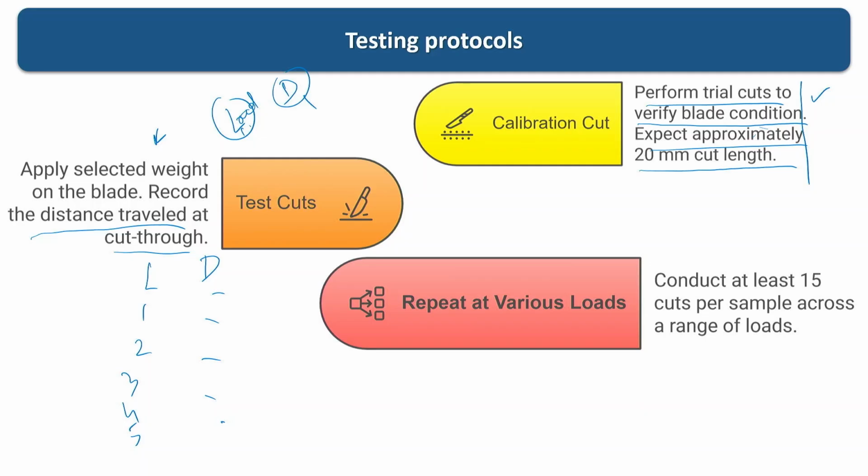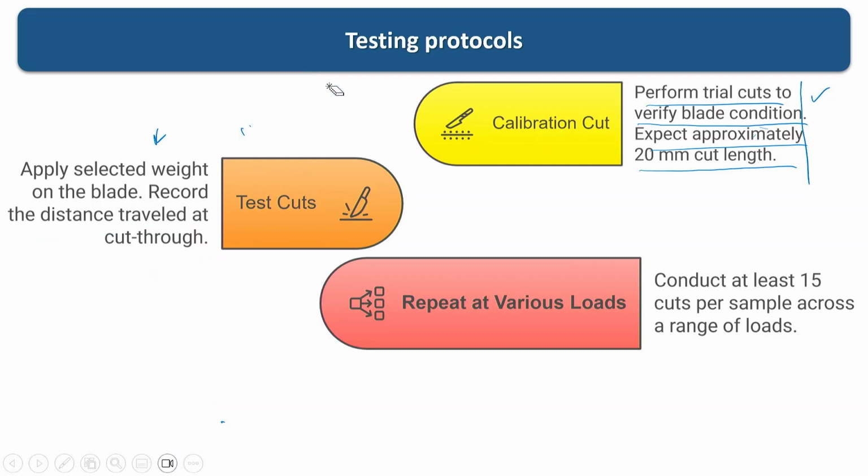Here the standard is that at least 15 cuts per sample across the loads are required. So, we need at least 15 cuts per sample. Okay.